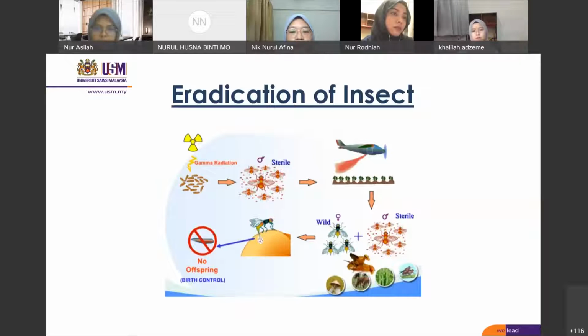So to eradicate the insects, we will use a technique called the sterile insect technique. In this technique, the laboratory-reared male insects are sterilized before they hatch. After they hatch, they will be released in large numbers in the infested area. And when they mate with the females, no offspring are produced. Next.